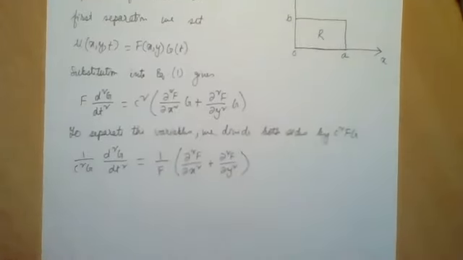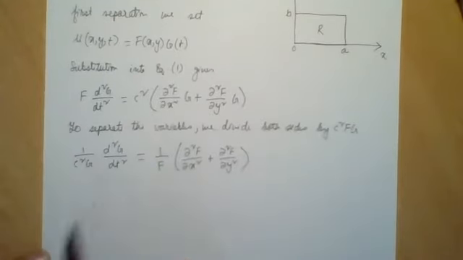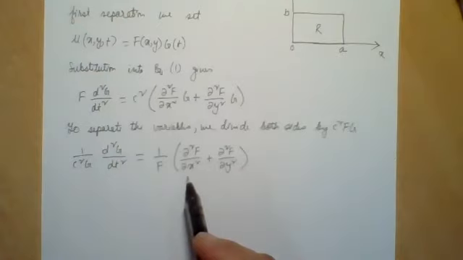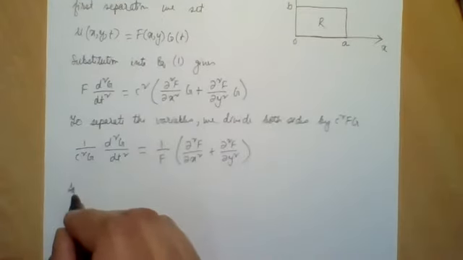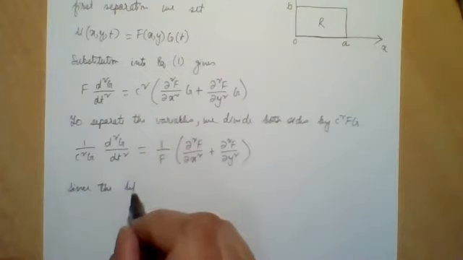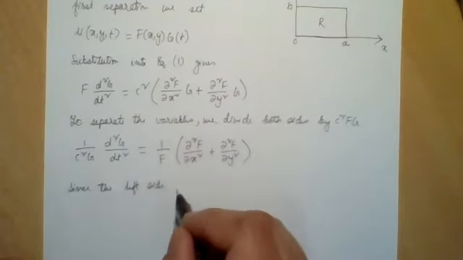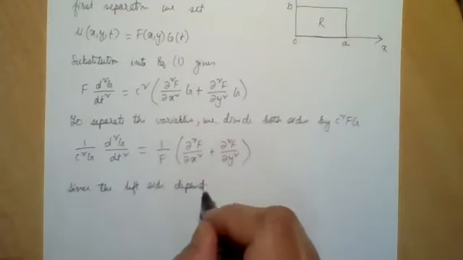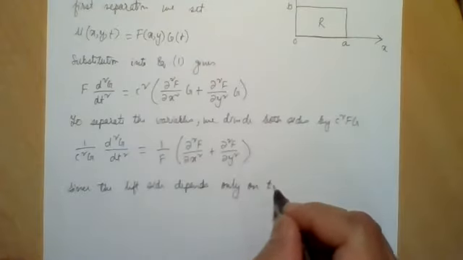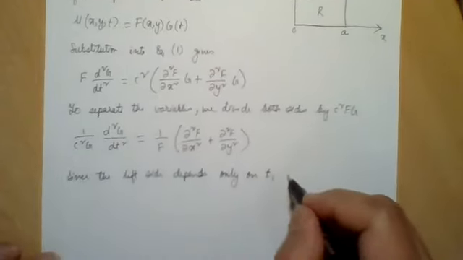Okay. Now we see that the left hand side depends only upon t and the right hand side depends only upon x and y.